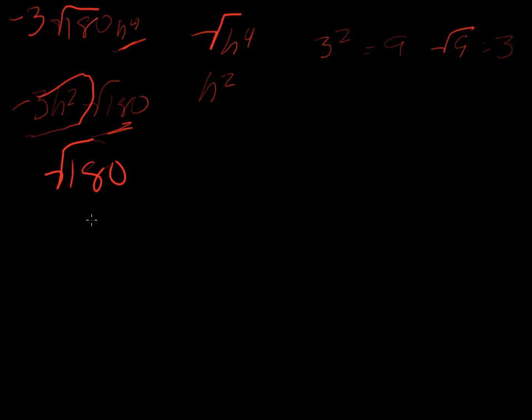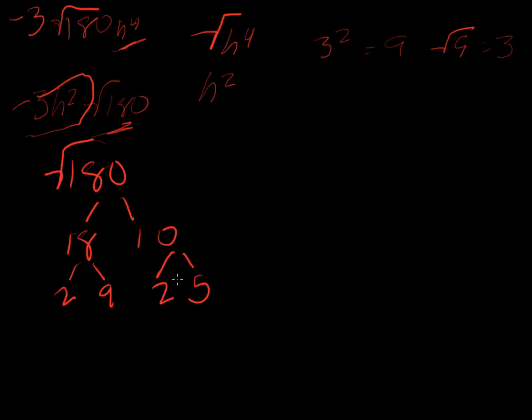So let's keep it simple. We're going to break it down to 18 and 10, which still equals 180. If we break down 18, we can do 6 and 3, or a bunch of ways, but we're just going to do 2 and 9. With 10, the only thing we can do is 2 and 5.